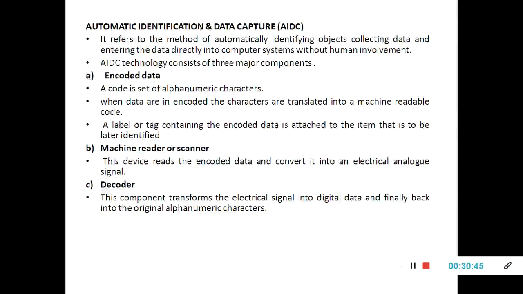That product is then read with the help of a machine reader or scanner, and directly that analog signal is stored into a computer. And the last one is the decoder. This component transfers the electrical signal into digital data, finally back into the original alphabetic characters.